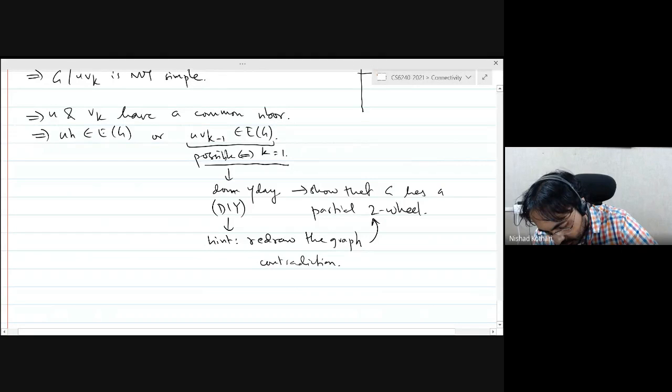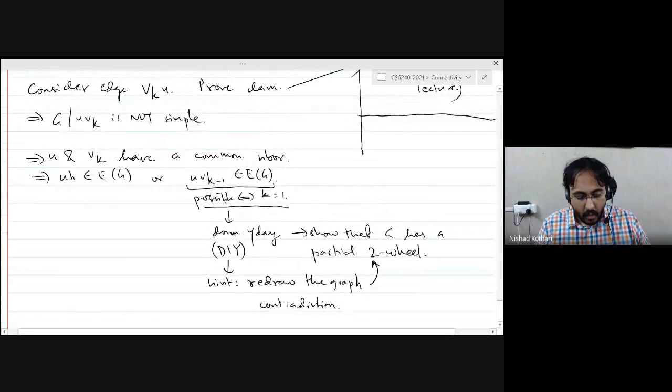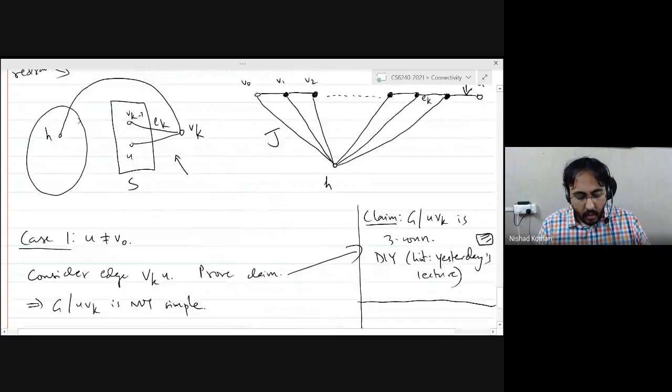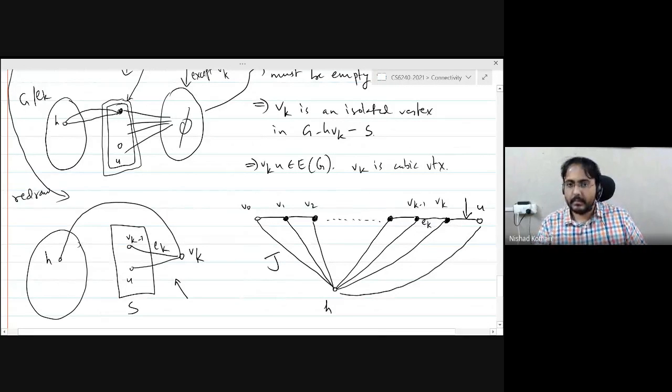Okay, so now let's go to what is actually the easier case, when u and h are adjacent. Okay, so now let's make this drawing. So what happens if u and h are adjacent? Does anybody see a contradiction now?